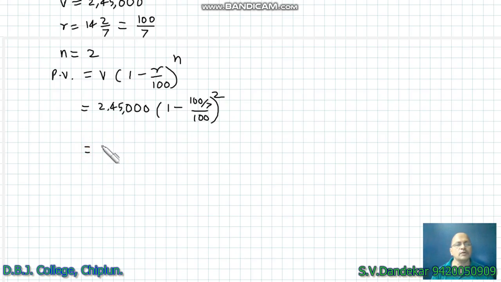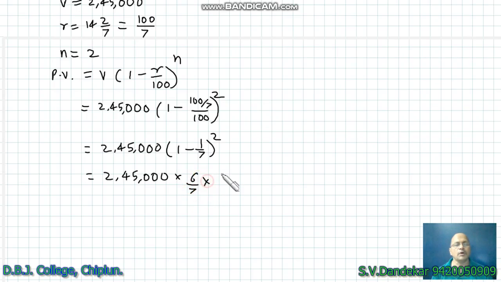This is equal to 2,45,000, 100 cancel, (1 minus 1/7) bracket square. It is 2,45,000 into, now 7 minus 1 is 6/7, 6/7.